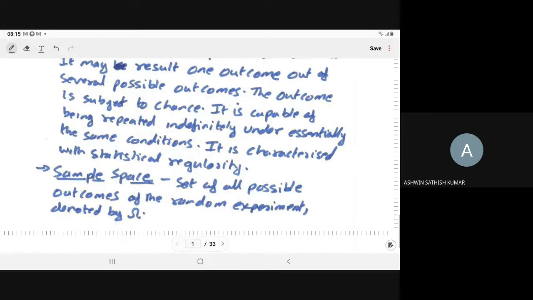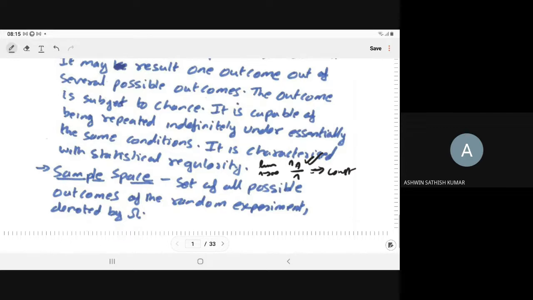That is the statistical regularity. When n tends to infinity, the ratio n_A upon n, the number of favorable outcomes upon n, should tend to a constant. Then we say it follows the statistical regularity.